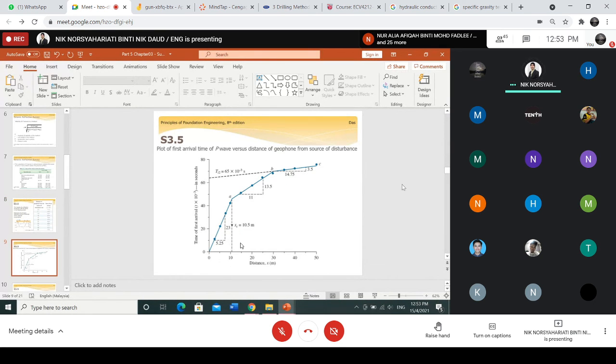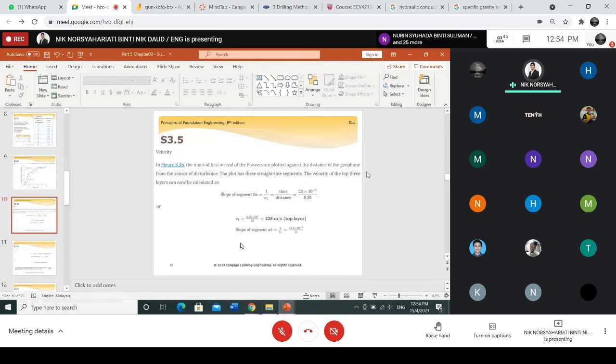So you can plot the graph here, and normally you will get this pattern, where there are three straight segments. This is a kind of best fitted line. You can try your own using graph paper, plot the points and get the best fitted line.